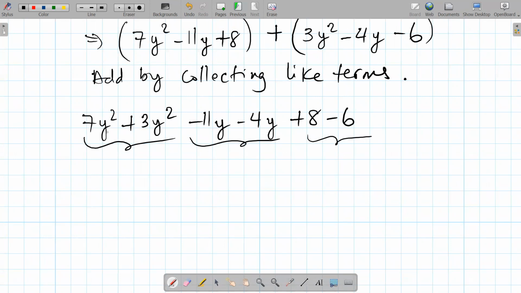I have 7 of the y squared added to 3 of the y squared. So together, I'm going to have 10. And this one here is basically going to give me 2.